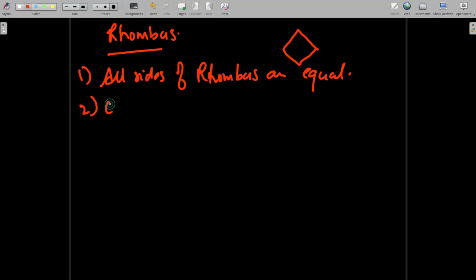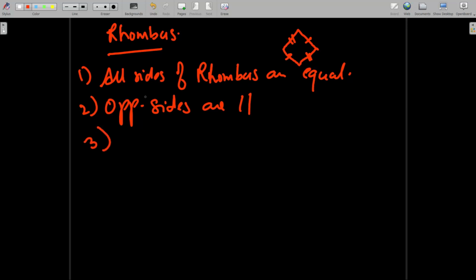This is very important. Why? Because if you look at the picture itself, you should be able to make out which side is parallel to which one, because this one and this one will be parallel, and this will be parallel. So that's why we say that opposite sides of a rhombus are parallel.